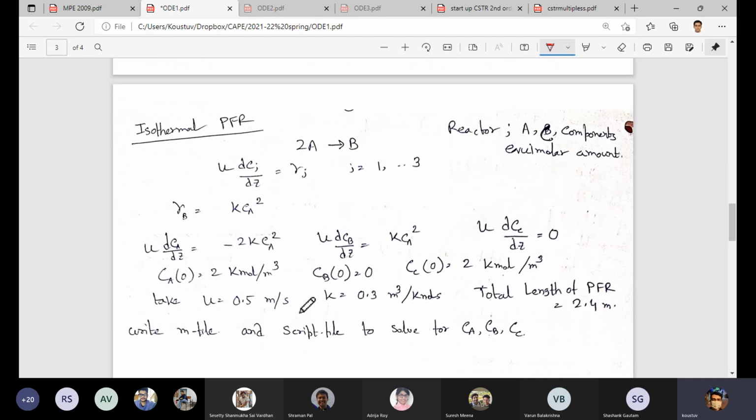Okay, so now we will have one case which is basically the isothermal PFR. So this reaction stoichiometry that we have written, 2A going to P. This is just one customary example. There can be more.